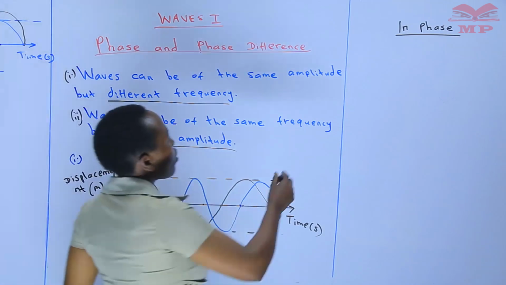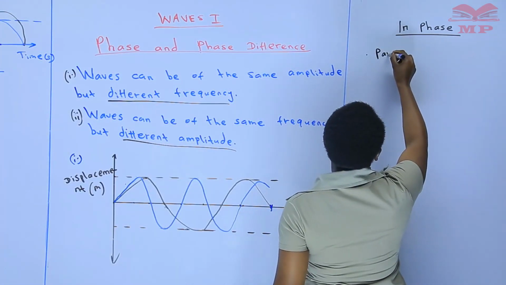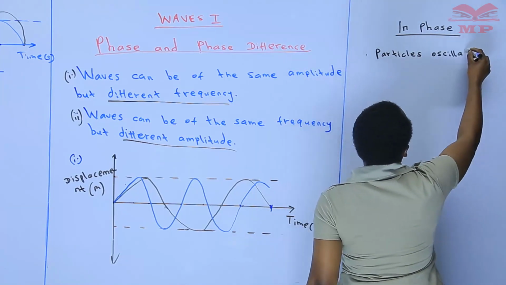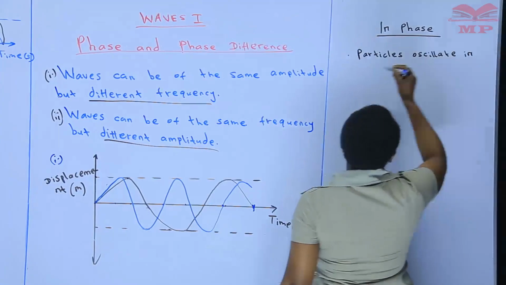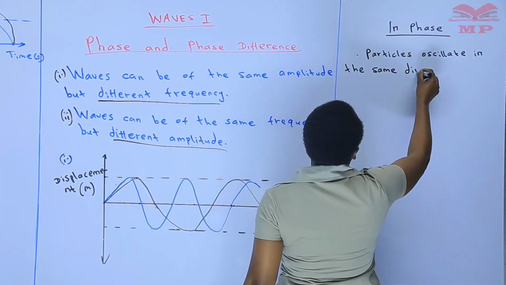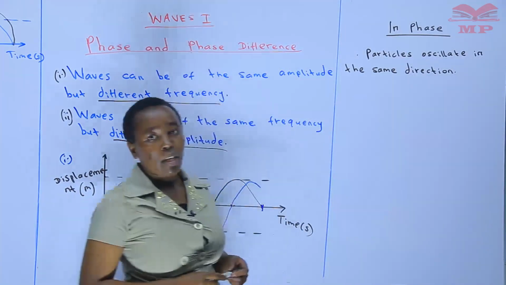So when they are in phase, we are saying that the particles are oscillating in the same direction.